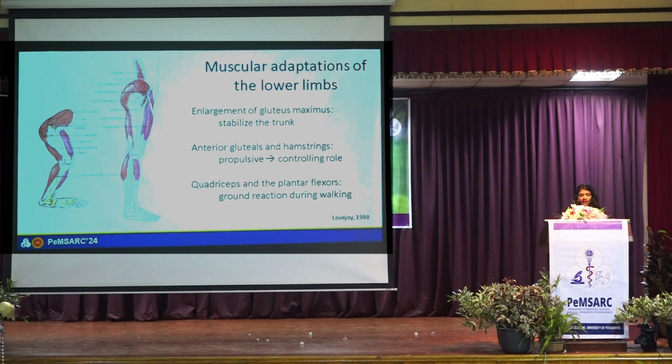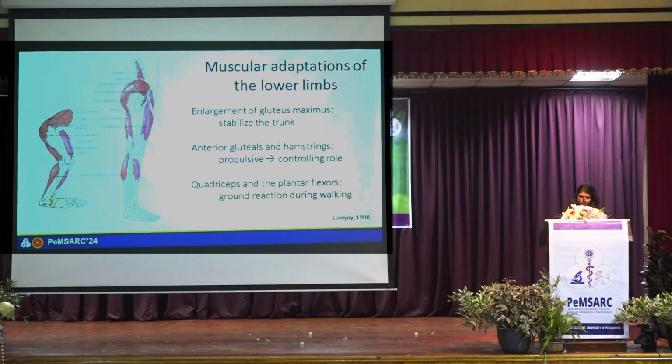And the gluteus minimus and the medius, as well as the hamstrings, also change their roles. Initially in the primates, it had a more propulsive role, but in humans, it is more controlling, maintaining the body posture.